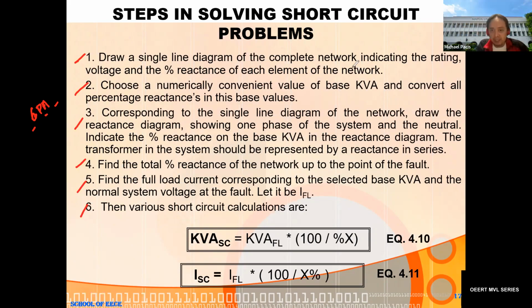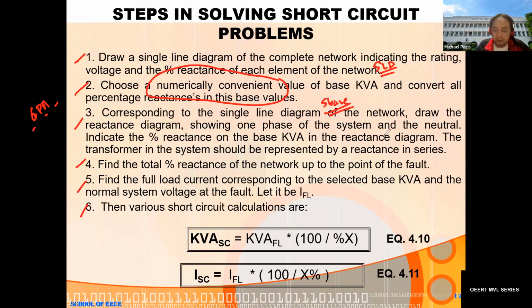Now, you need to have the SLD of the system. Ito yung sinasabi natin na apat na per unit na. And then you need to have a numerical value of the base, or your S base is constant. So any number will do. You will yield the same result.